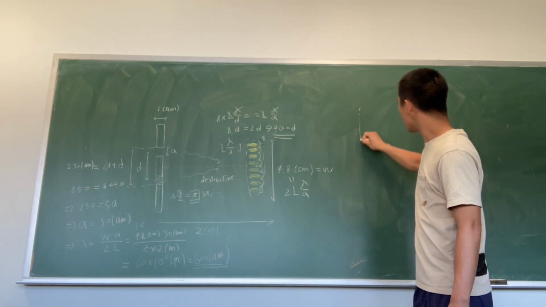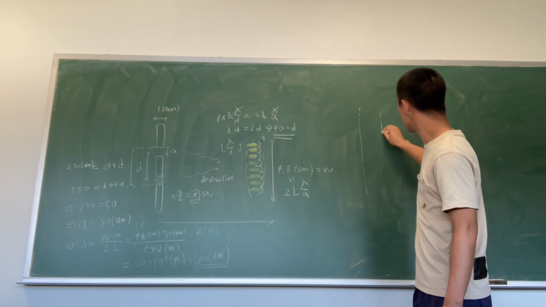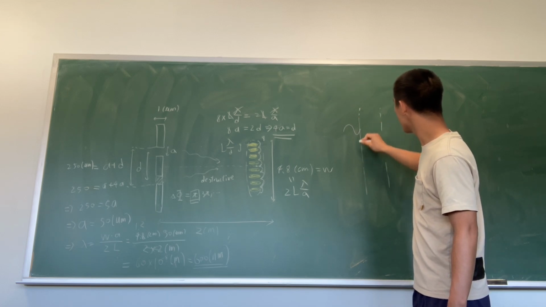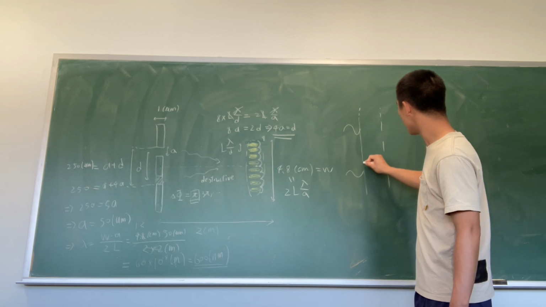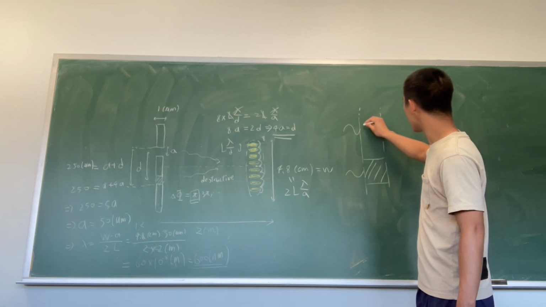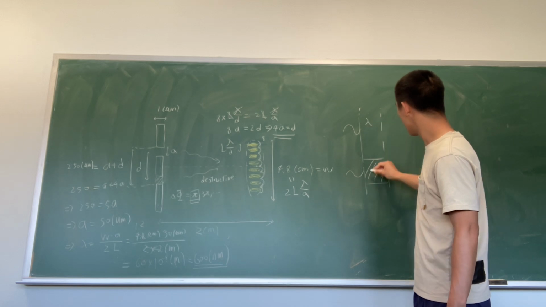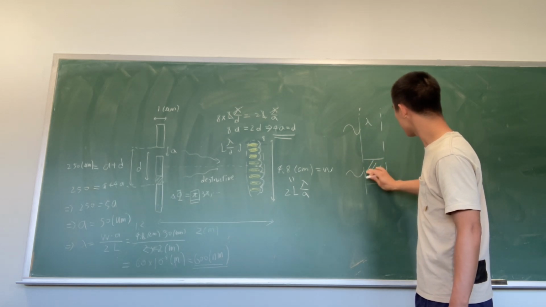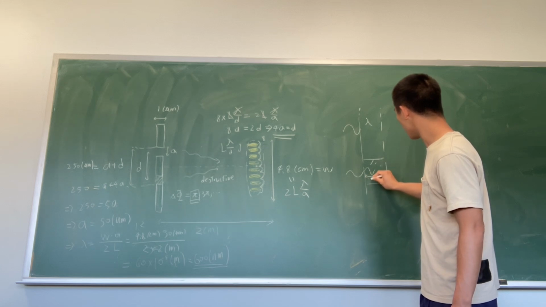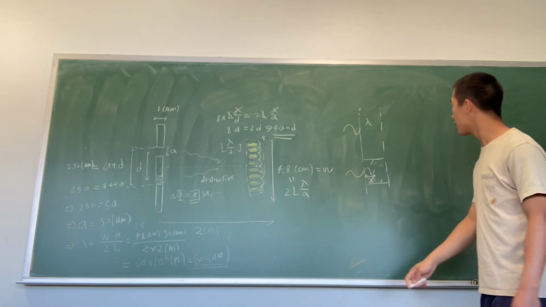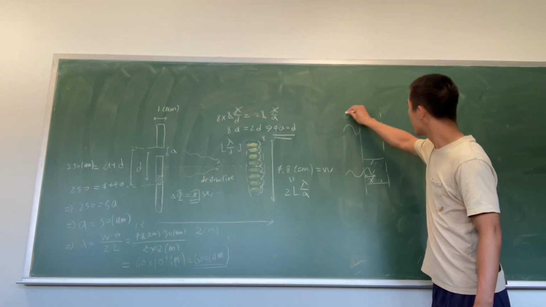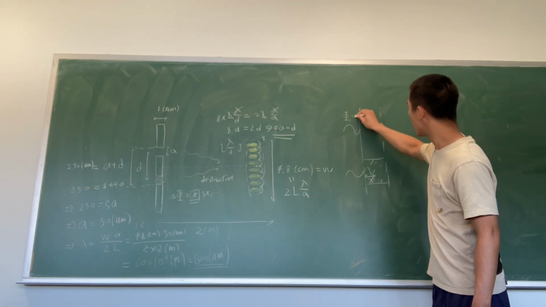On the top of the double slit, the wave passes through nothing, and for the bottom, it passes through glass. So the wavelength here will be lambda, but the wavelength of the wave inside the glass will be shorter. We call it lambda prime. So let's say the phase of the wave on the top is 0.